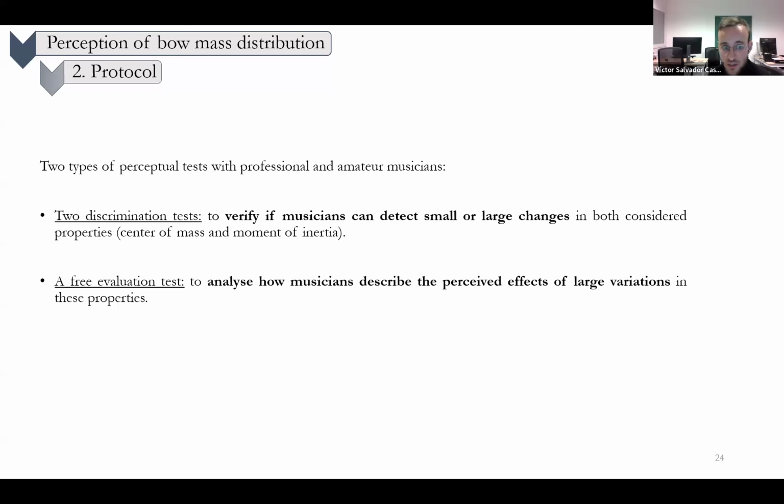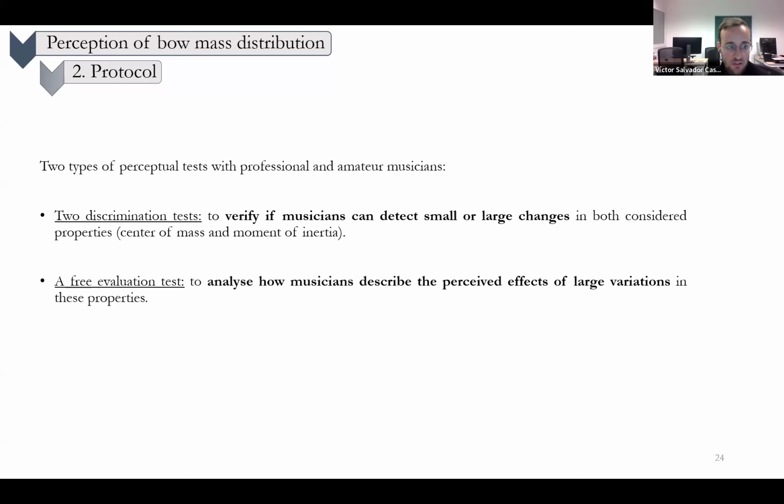First, we did discrimination tests, whose objective is to verify if musicians can detect small or large changes in both properties that I mentioned before, the center of mass and the moment of inertia, to see to what extent they are sensitive to variations in these properties.